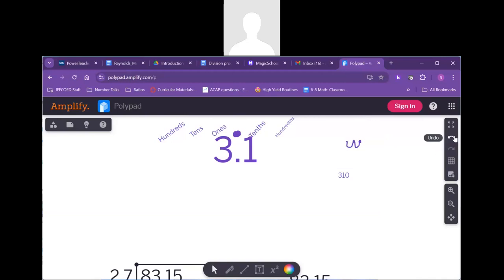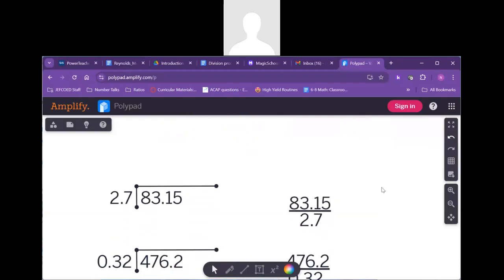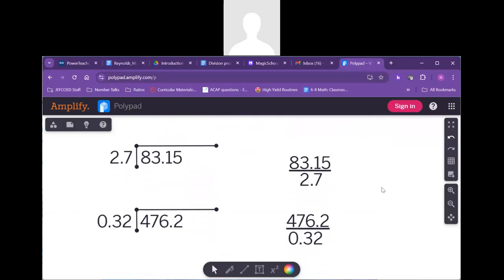Let's look at some of the problems I've written that have decimals in the divisors. It would be really hard to think about 2.7 into a certain number.